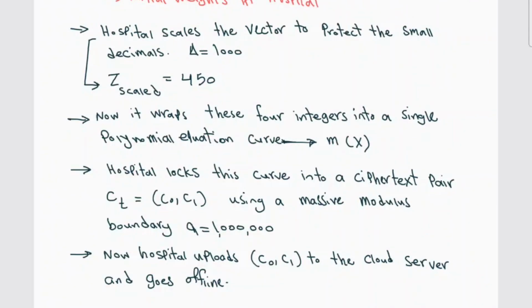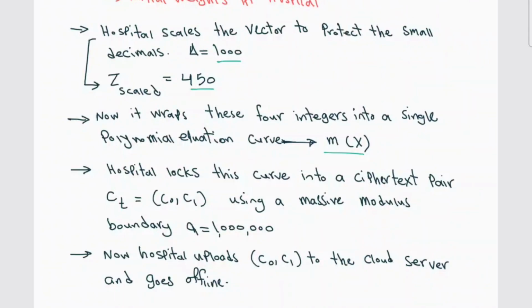First of all, we have to scale this weight, so we multiply it by 1000. That becomes the scaled weight equal to 450. Now it wraps these integers, again showing just one of them, into a single polynomial, and if you remember, that creates m(x).